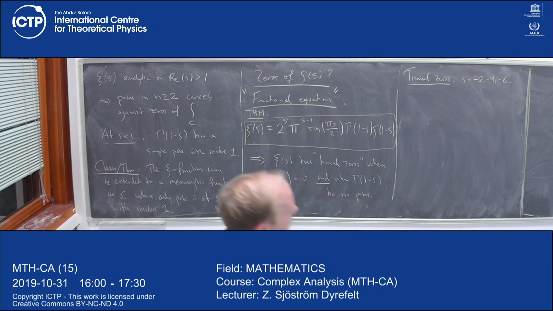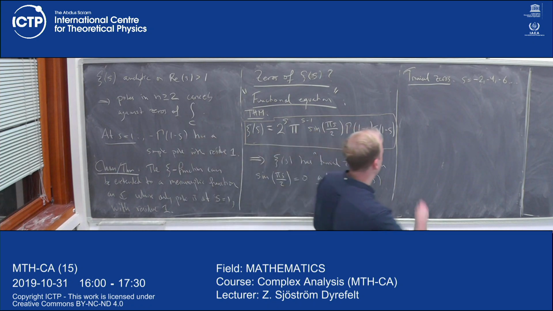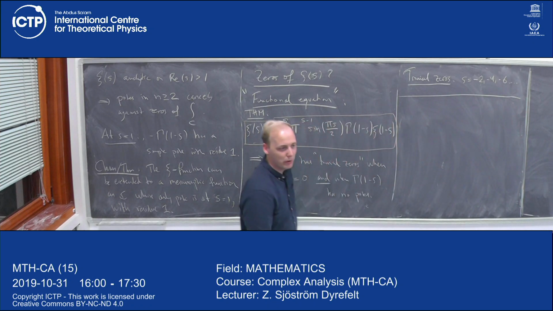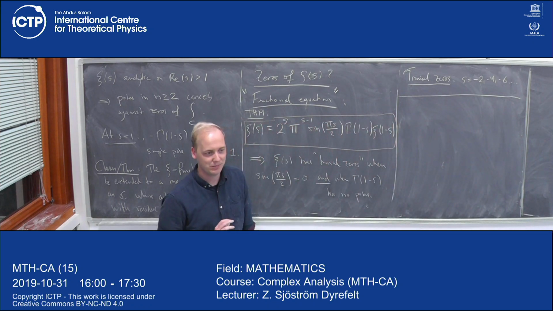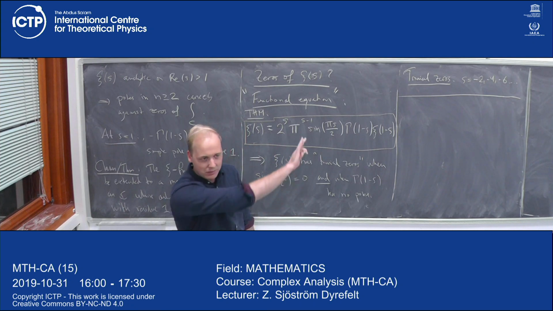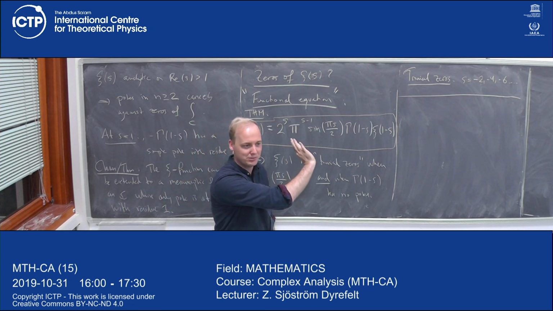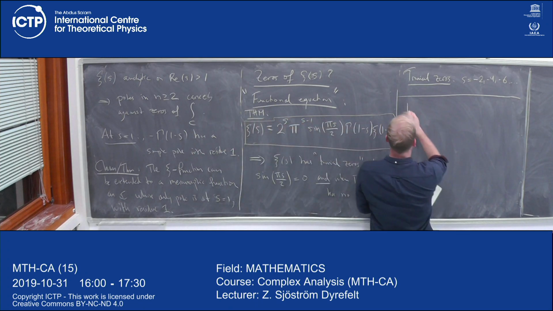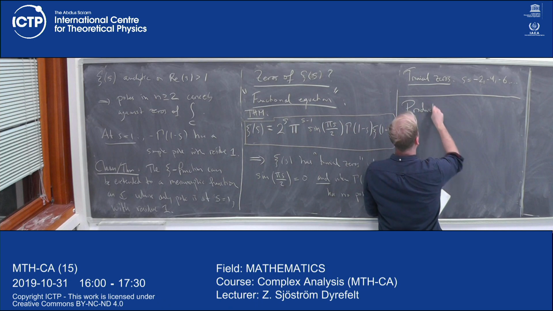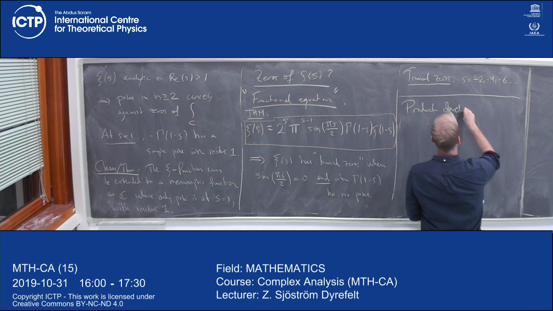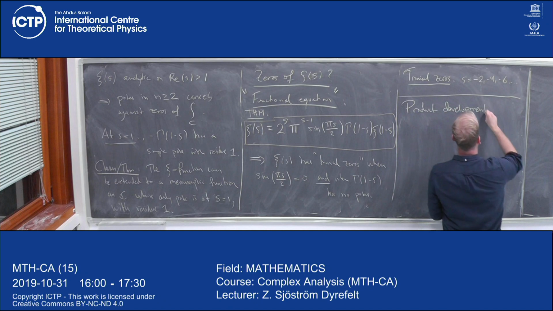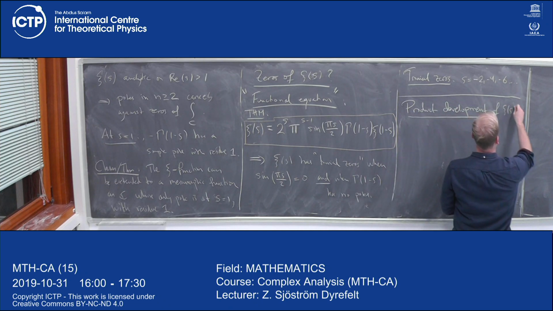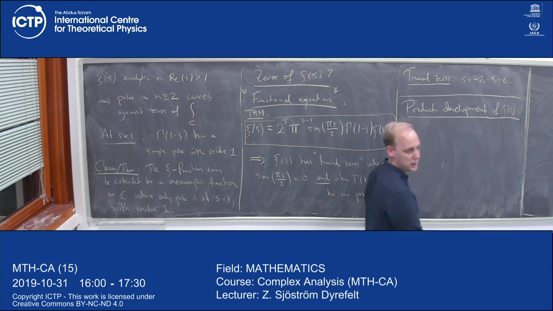And now, to the final part here. Why do we care about the zeros? This is now the last part. I cannot tell you which are all the zeros. This is what the difficult problem is about. But all of this is important because of the product development of this zeta function.